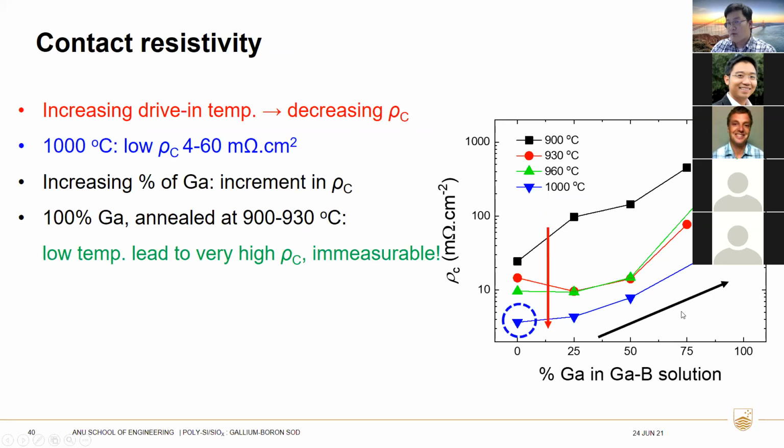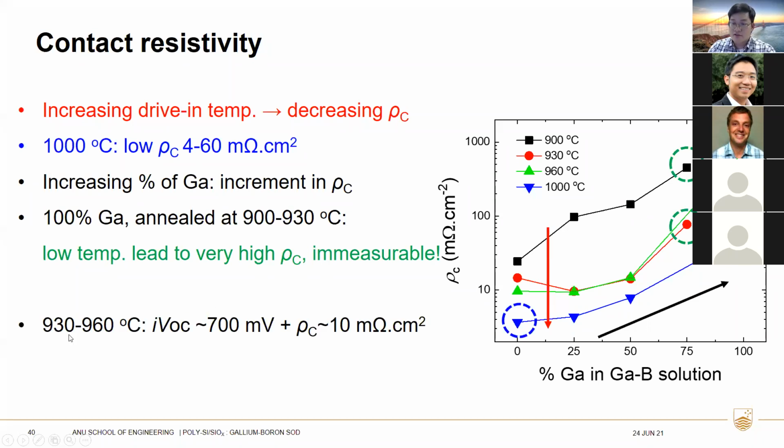For the 100% gallium sample annealed at 900 to 930 degrees, that's the black, we see the low temperature leads to a very high contact resistivity, so it's immeasurable for the next two data points here.